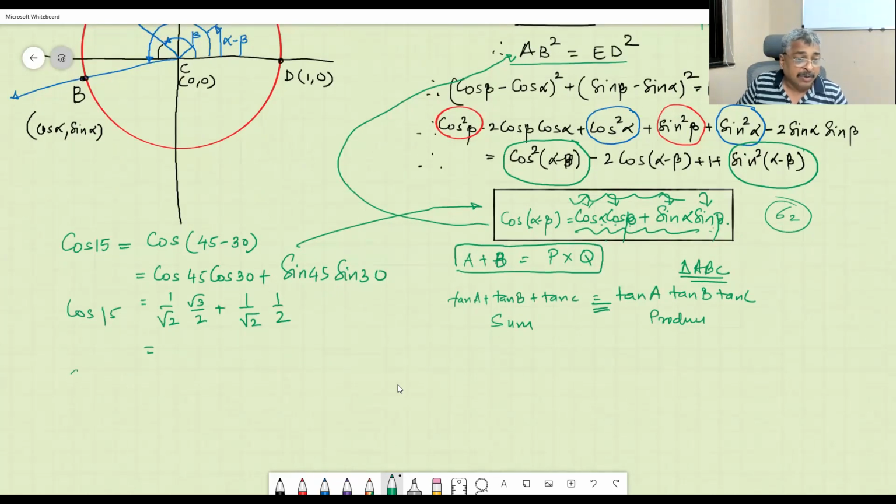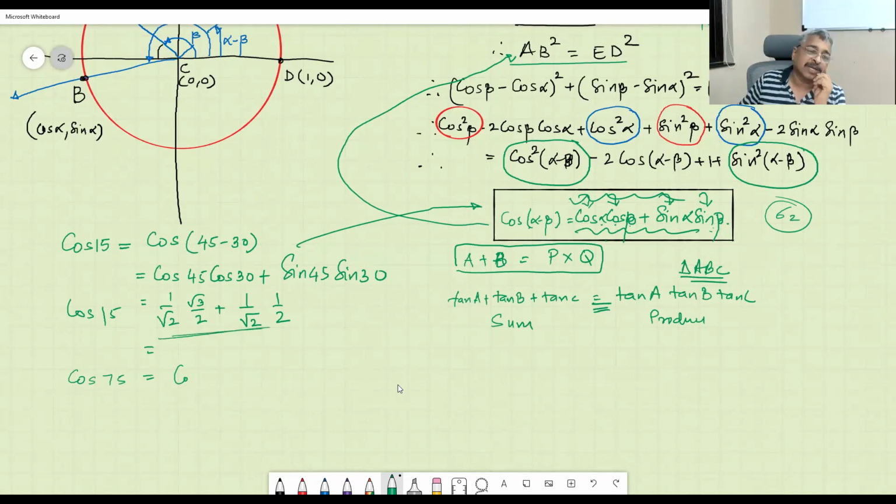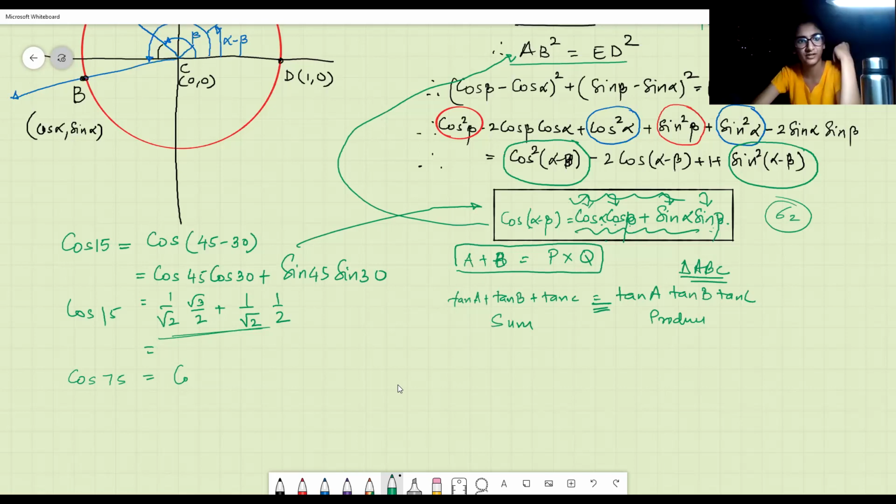Similarly, now only one formula we have written. We have yet to write 3 more formulae. But suppose I ask you cos 75, oh, that is good. Can I use alpha minus beta and get 75? Yes, sir. 90 minus 15. 90 minus 15 and cos, I know. What is the better method? 120 minus 45.